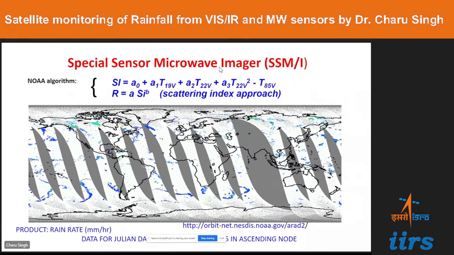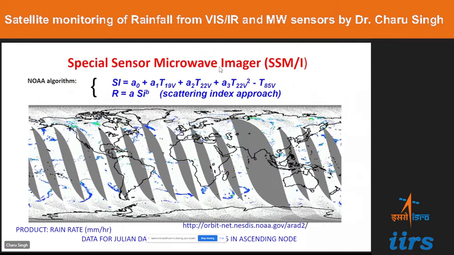There is a sensor called SSMI onboard DMSP which uses this scattering based algorithm for the estimation of rainfall. This algorithm is also known as the NOAA algorithm. On the top, there is an equation called the scattering index, SI, that may be estimated using microwave frequencies like 19 gigahertz, 22 gigahertz, and 85 gigahertz.